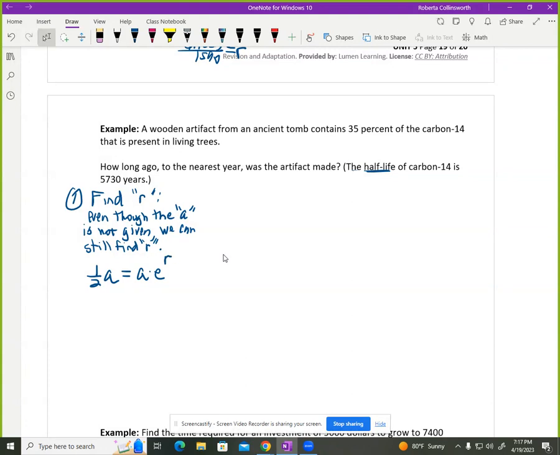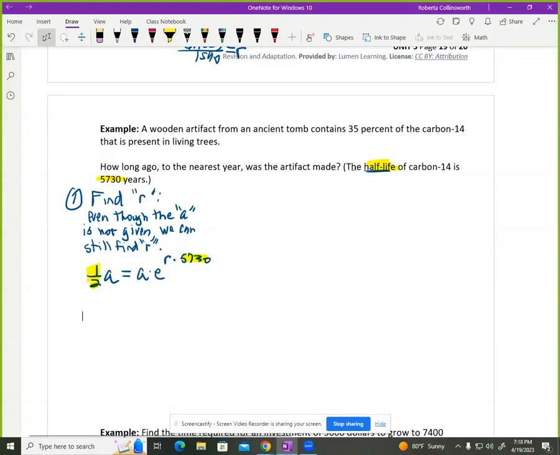I don't know what R is, but I do know what T is. So let me highlight what I know. Half-life goes with 5,730 years. So that's going to be my T. And right here it says half-life. So we're going to take half of our original amount, which I don't know what it is.